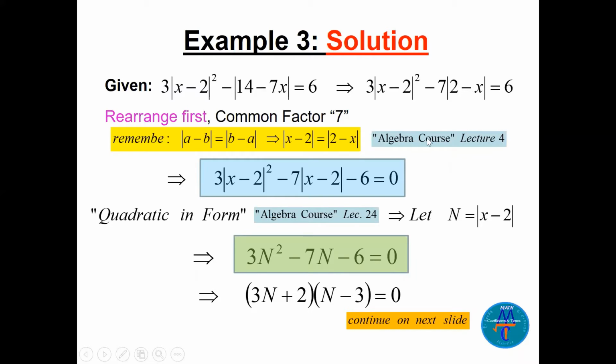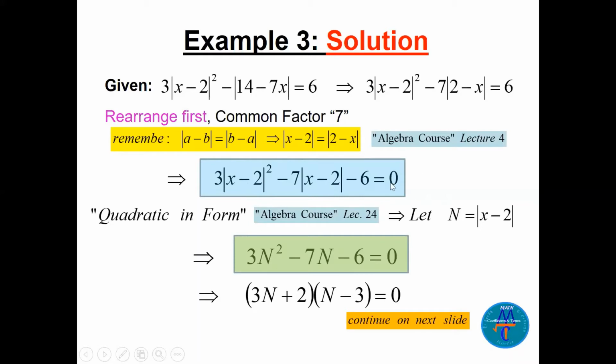Now we remember that in lecture 4, in the algebra course lectures, the absolute value of a minus b is the same as the absolute value of b minus a. So we can say the absolute value of x minus 2 and the absolute value of 2 minus x are the same number. So I can put them the same here, you see, from algebra course lecture 4.